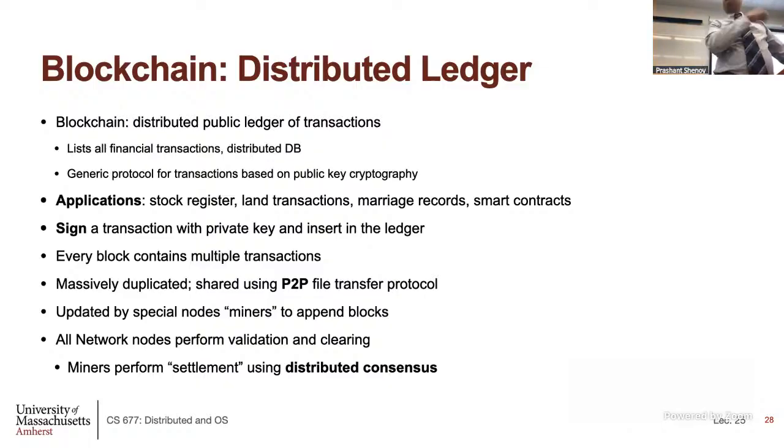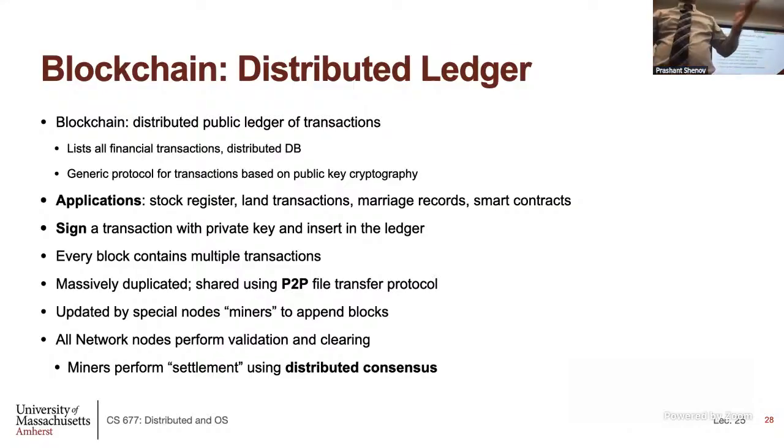Furthermore, this consensus protocol has to have more secure properties than Paxos, because Paxos does not deal with Byzantine faults. It can deal with crash faults, but here some miners can be malicious. So you want to ensure that even if some fraction of the miners are Byzantine faulty, trying to do arbitrarily bad things, the state of the ledger is always preserved. It cannot be corrupted by a fraction of the miners.